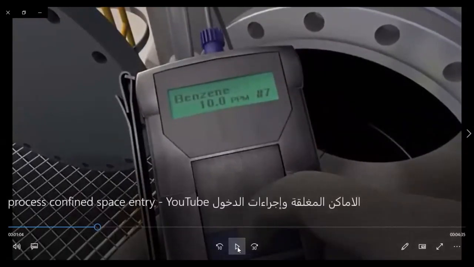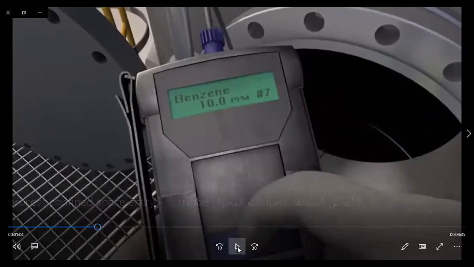Okay, now the reading in ppm, the benzene. Okay, that one is a toxic gas.